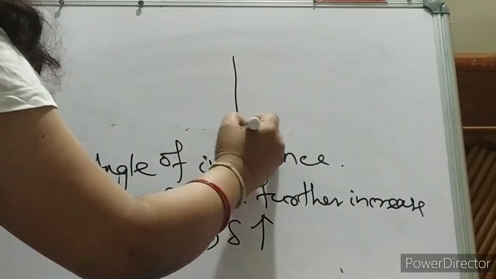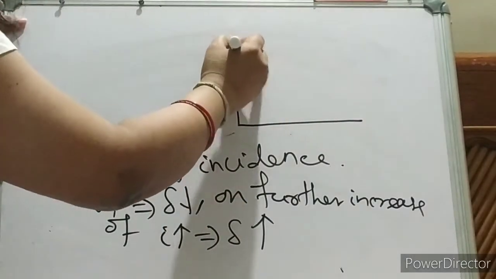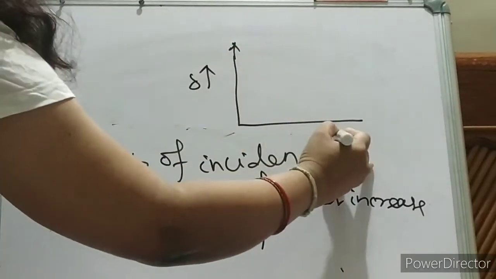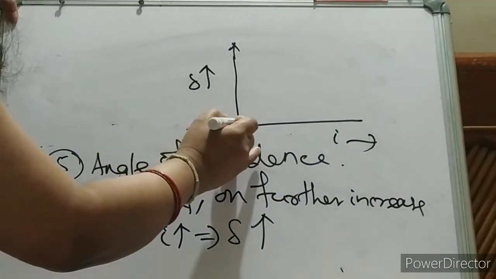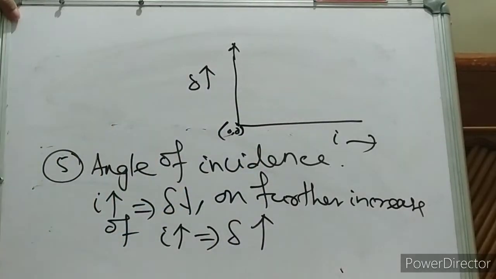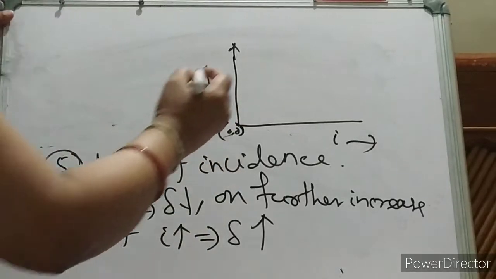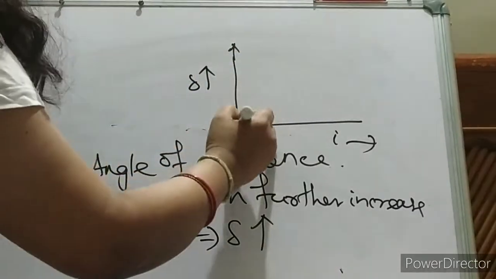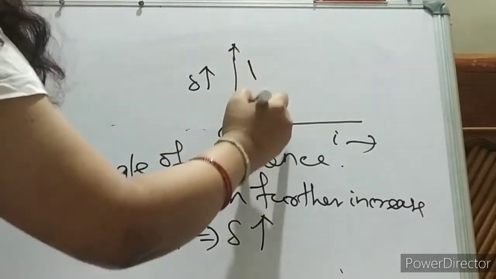This is your graph, children. This is your deviation and this is your angle. You will see this is the origin. As you increase the angle of incidence, first the deviation is here.